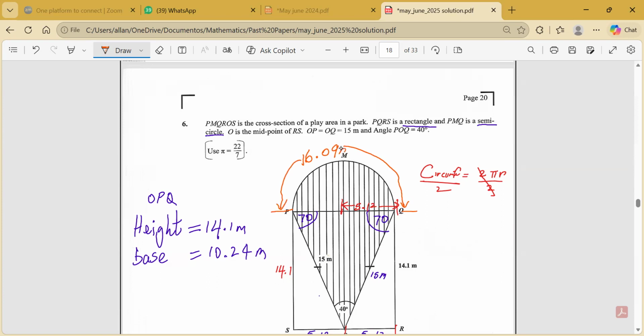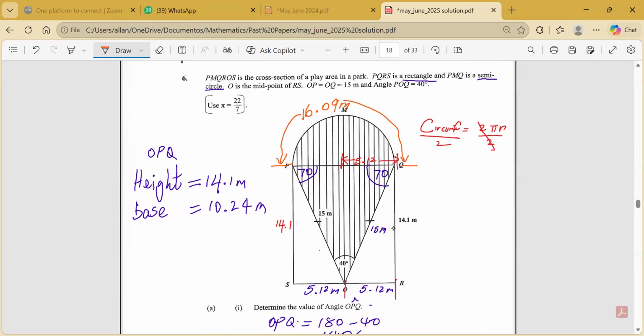Right, meters. So that'll be 16.09 plus 14.1 plus 5.12 plus 5.12 plus 14.1. Tell me the answer we all got.